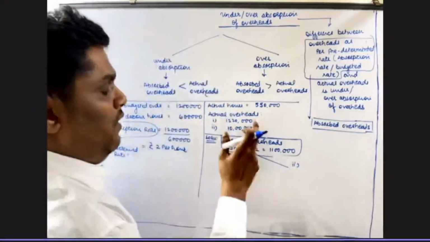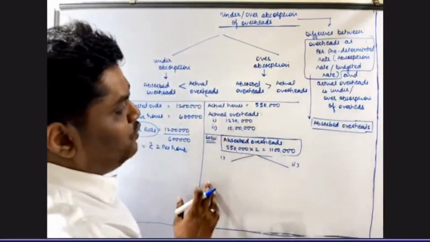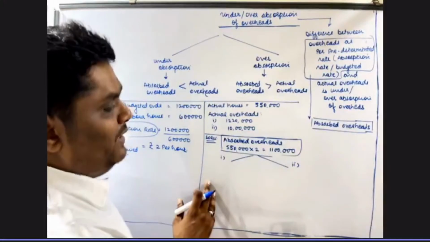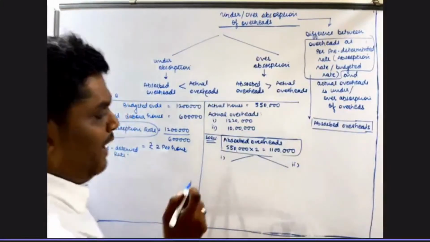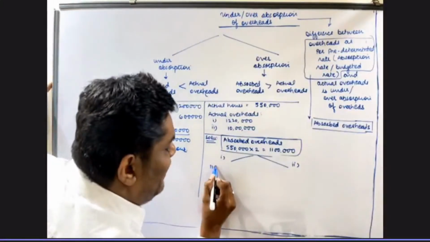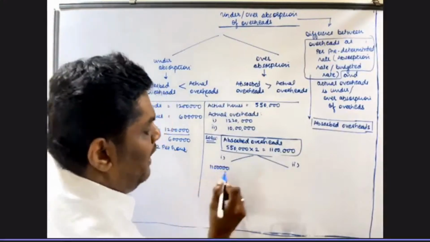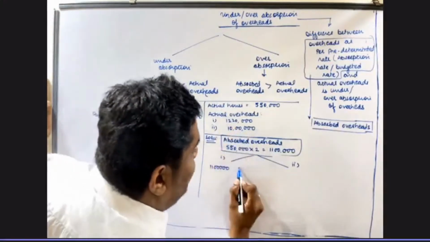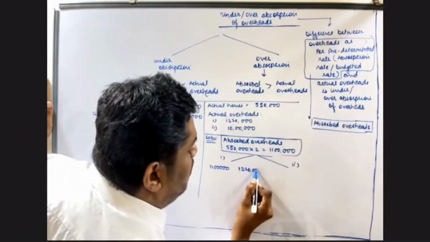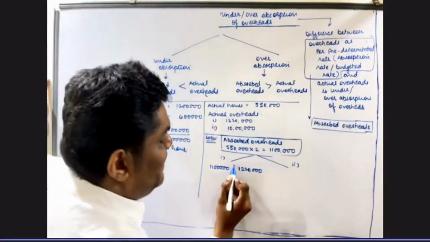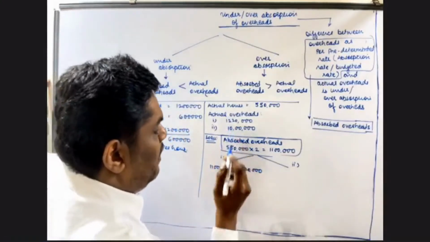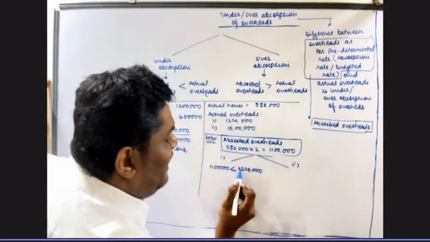Now, what if in case my actual overheads are 12 lakh 20,000? Now my absorbed overheads are 11 lakh and my actual overheads are 12 lakh 20,000. So it means what? My overheads absorbed are less than actual overheads.